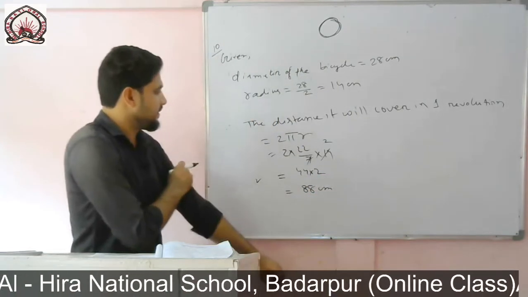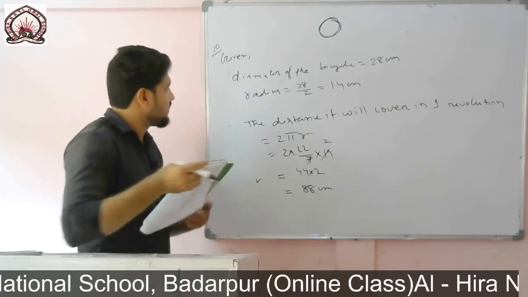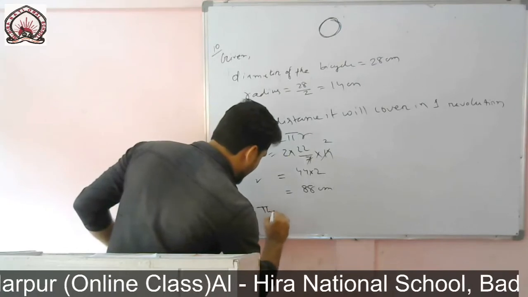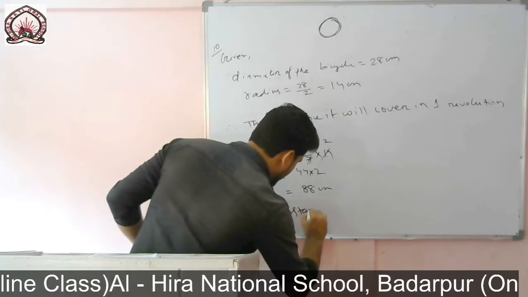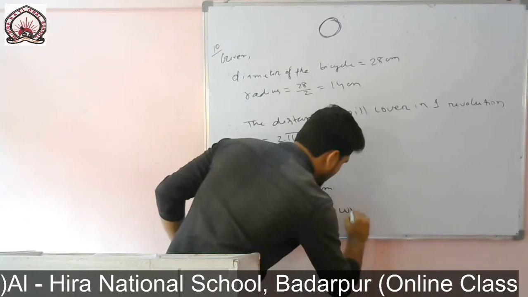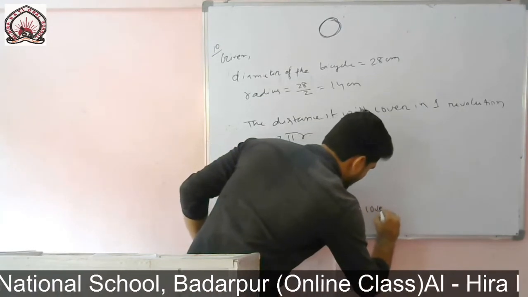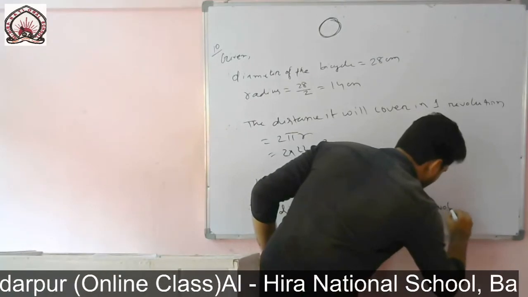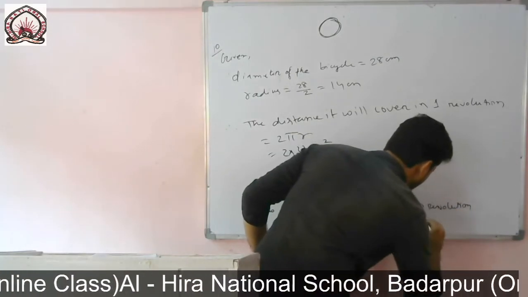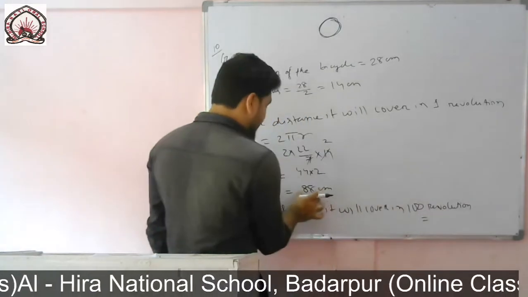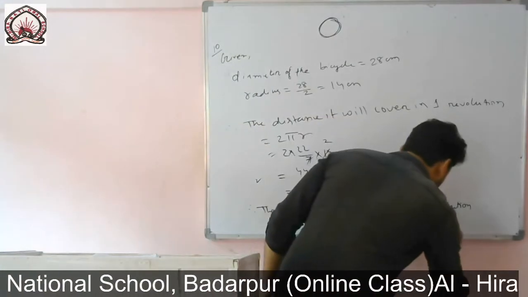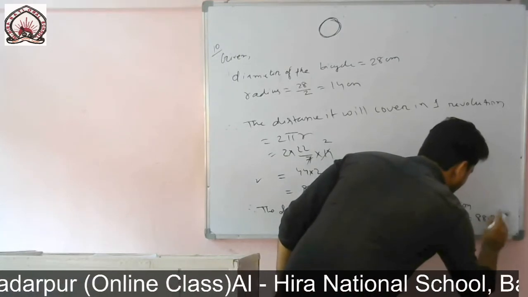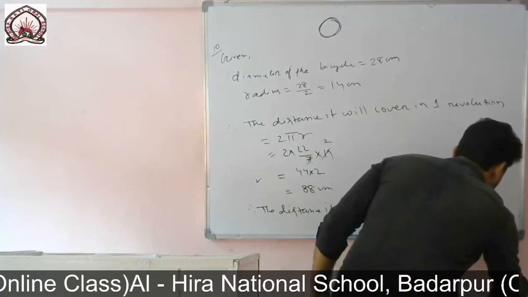Now you write the distance it will cover in 100 revolutions will be equal to 88 into 100, which equals 8800 centimeter.